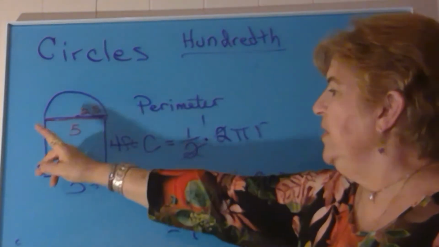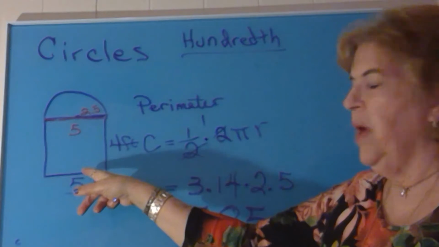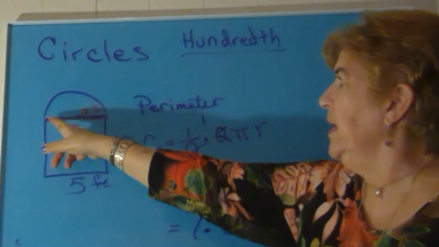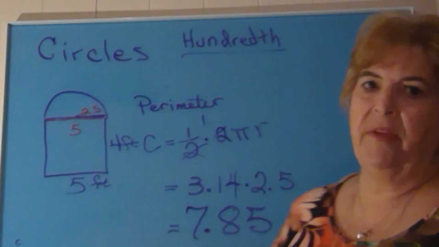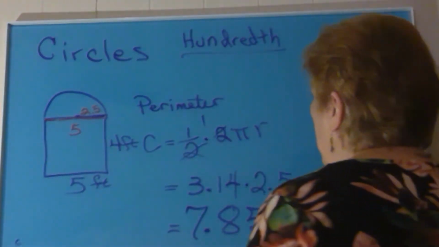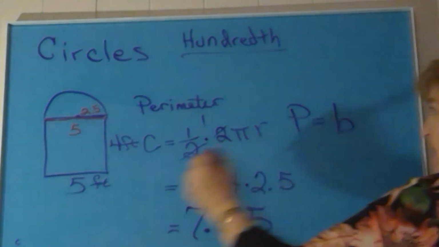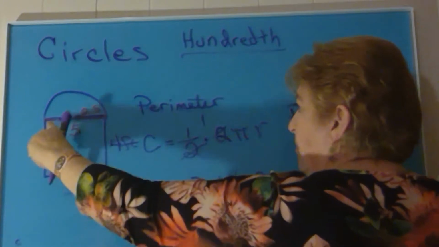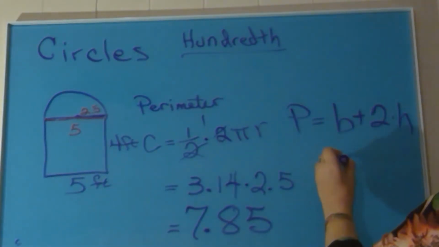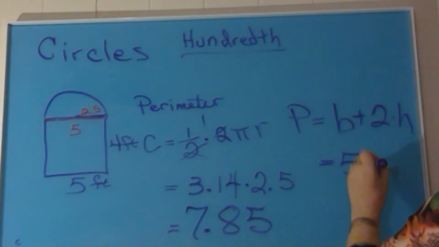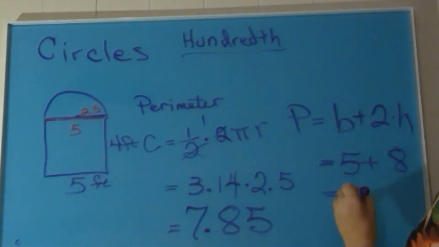Then to find the perimeter of the rectangle, we're not using that top edge because that is not on the outside. So as we do this, the perimeter is simply the base. We only have one base, but we have 2 times the height. The base is 5 and the height's 4, so 2 of those is 8. That gives us 13.